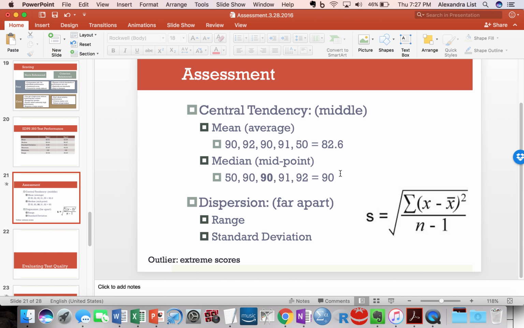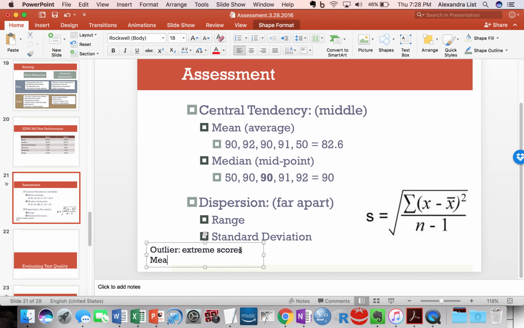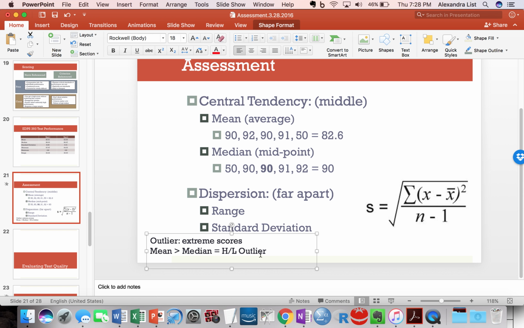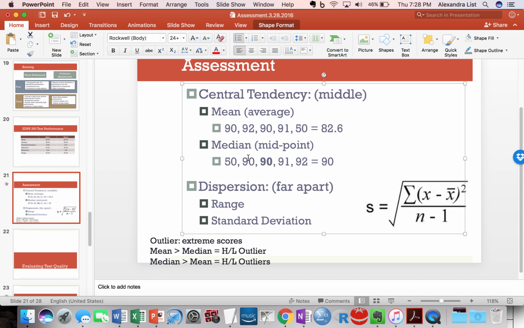In other words, if the mean is larger than the median, so let me put that into this text box so you can see it, does that mean that there is a high or low outlier or outliers? And if the median is larger than the mean, does that mean that there are high or low outliers? I'll ask you to pause the video and think about that for a minute.